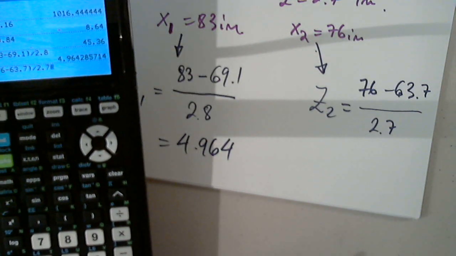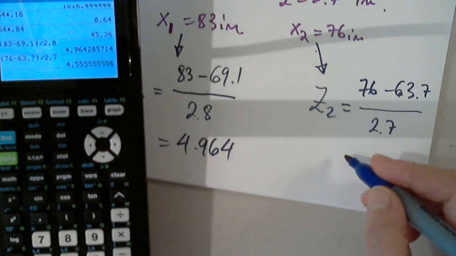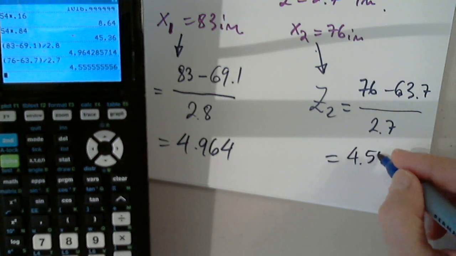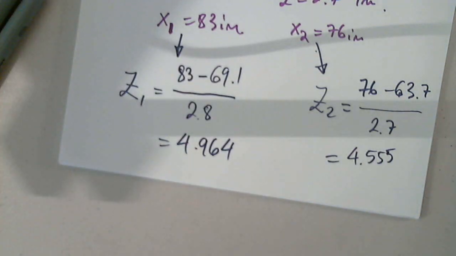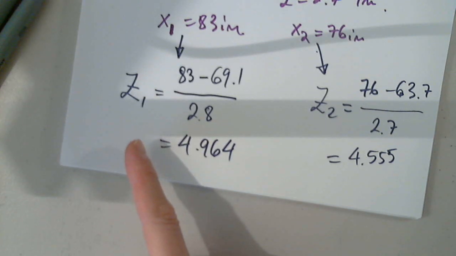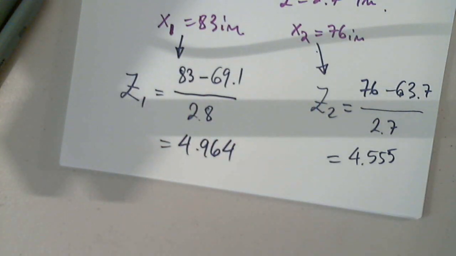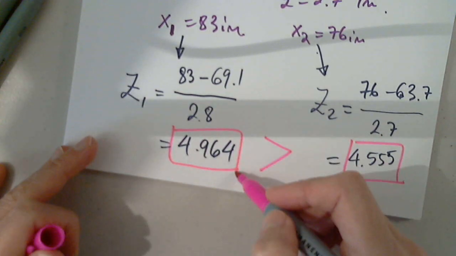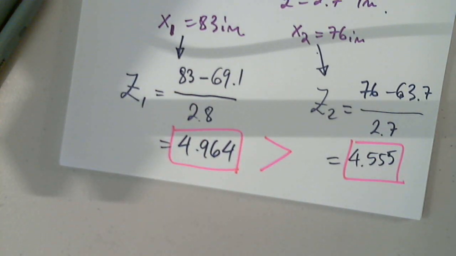The higher the z-score, the higher the relative comparison will be. So very good. It turns out that the z-score for Kevin is higher than the z-score for Candace. So then we will say indeed that Kevin is relatively taller.